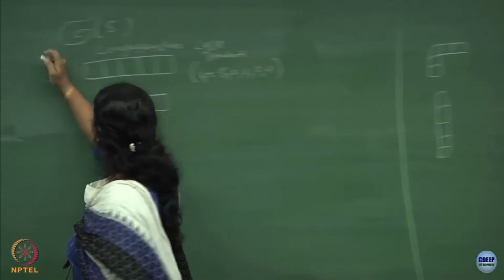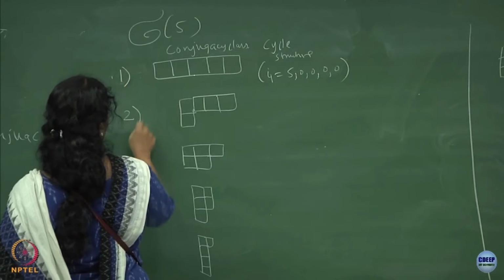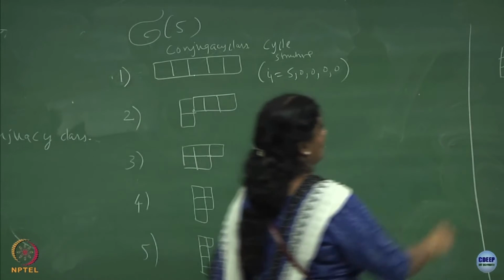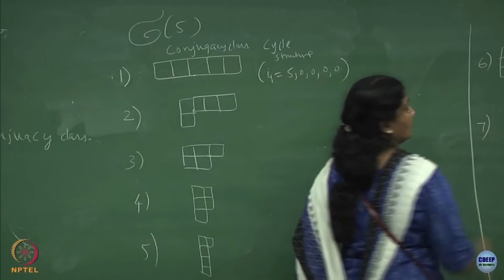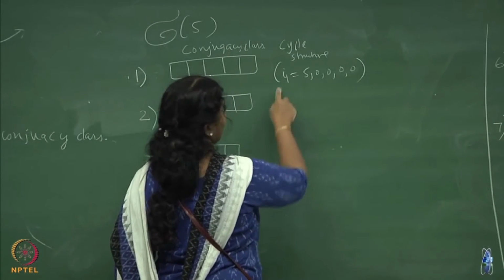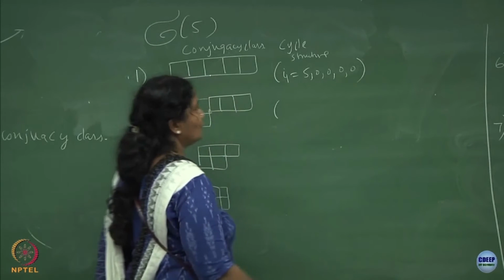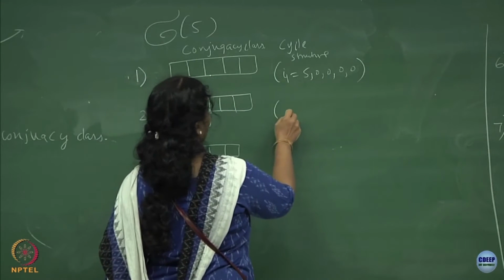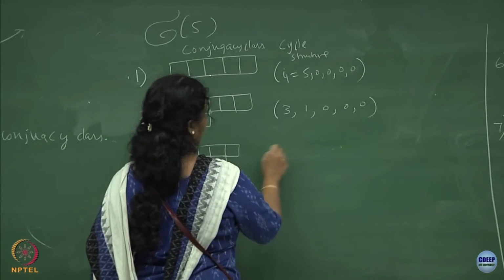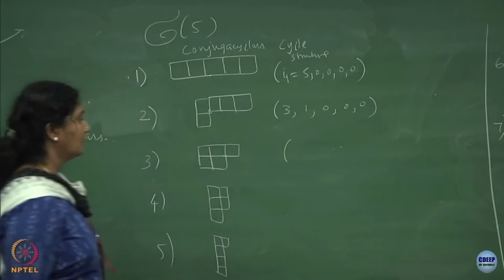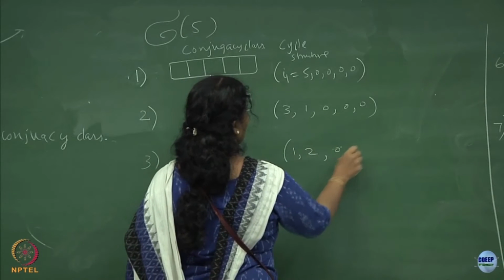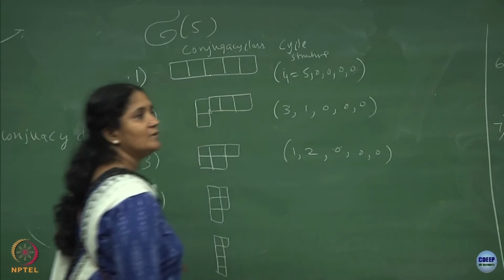So, let me call the numbers here. First conjugacy class, second conjugacy class, third, fourth, fifth, sixth and seventh. And the cycle structure here is, I am going to write it in the notation of I1, I2, I3, I4. So, it is going to be this. Are you all with me?